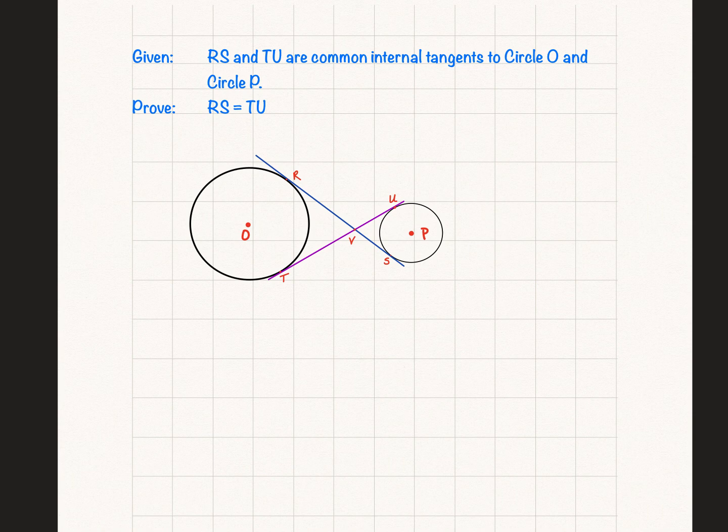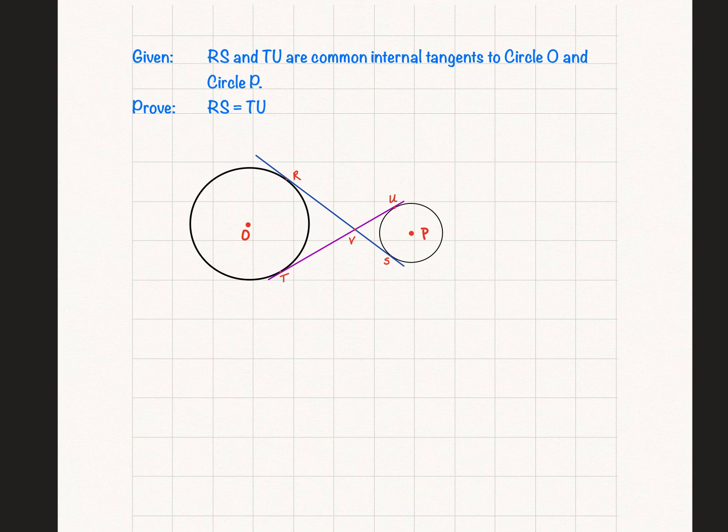All right, so for this one, we have two circles. They are not touching each other, but they do have two tangents drawn to them, RS and TU, and those tangents are internal tangents because they cross that middle line between the centers.